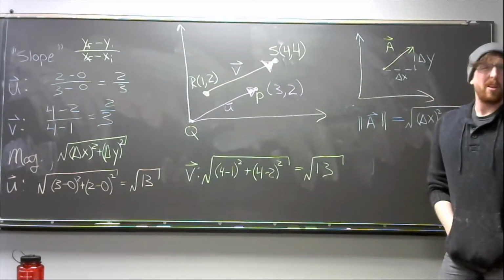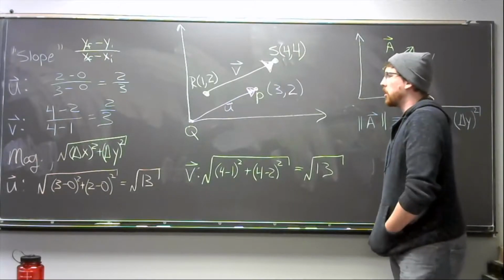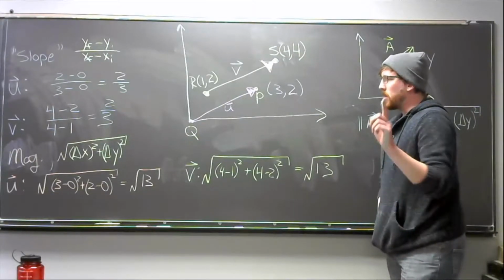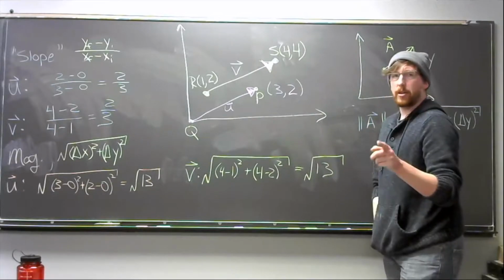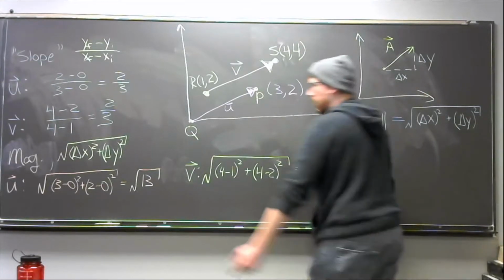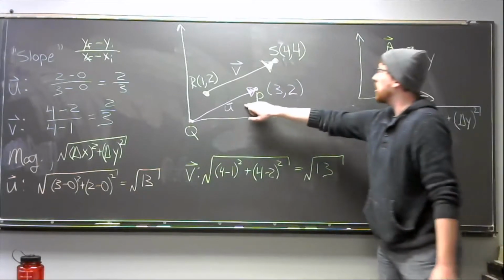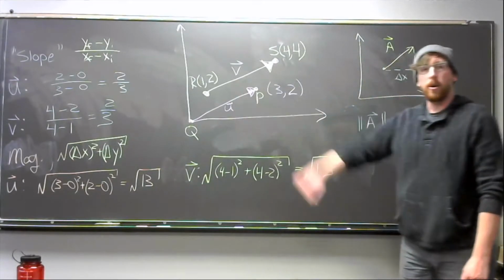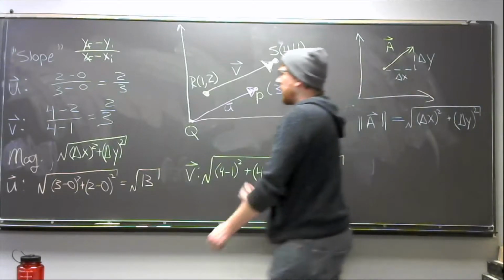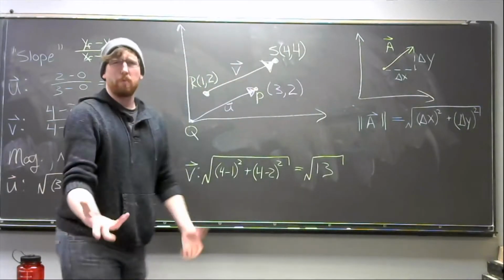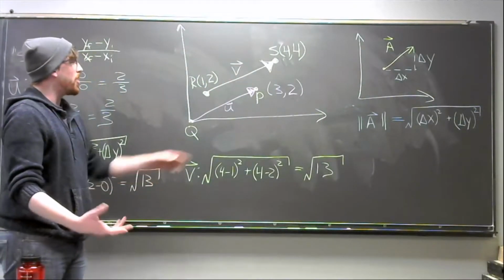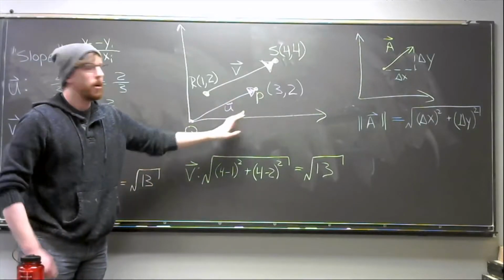We said, okay, they have the same slope. And then we said, let's find the magnitude or length, and they were the same. So these two vectors must be the same. Okay, that's weird though, right? Because they don't look like they'd be the same.